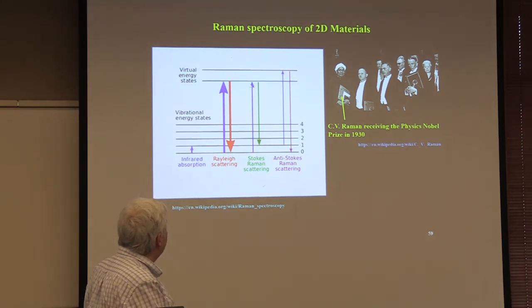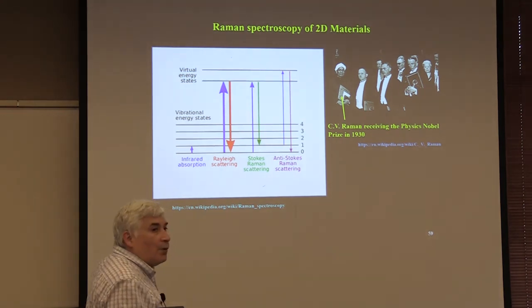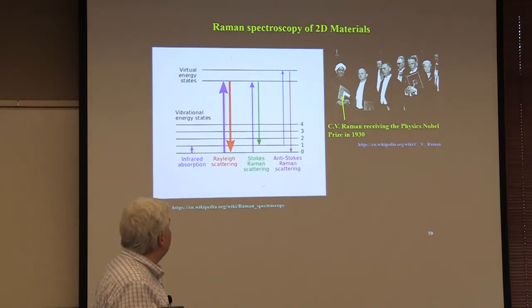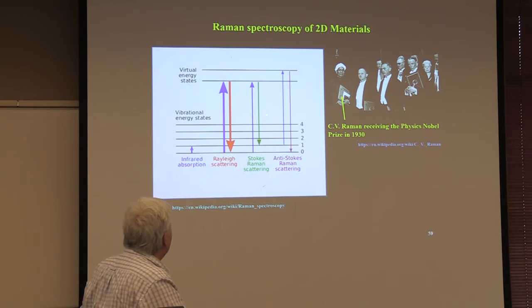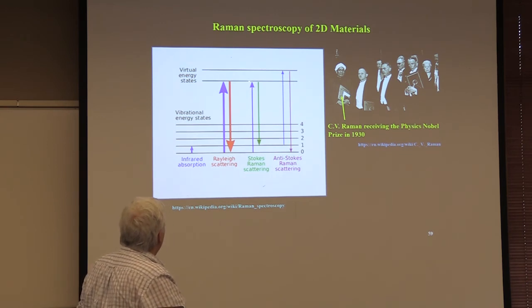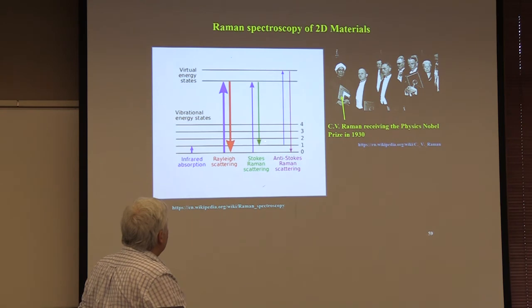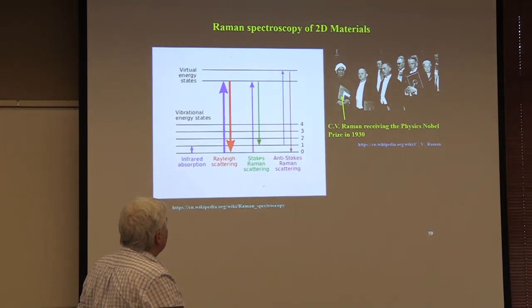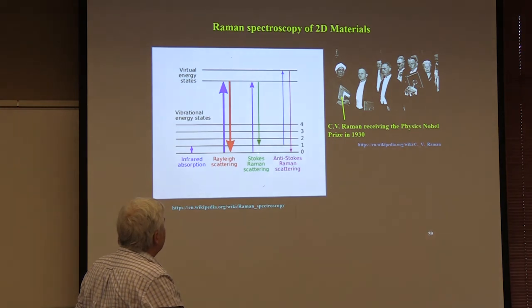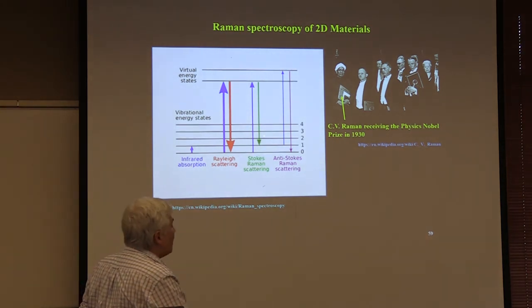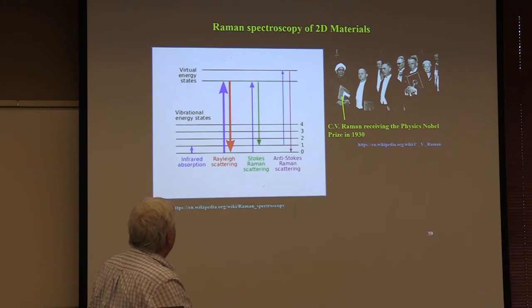So you excite your system. This is your molecule. These are vibrational states. You take your molecule or your system to a vibrational energy virtual state, and when the structure absorbs and scatters light, it does not go to zero, this state, but goes to another vibrational state.